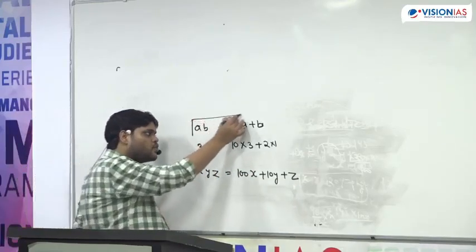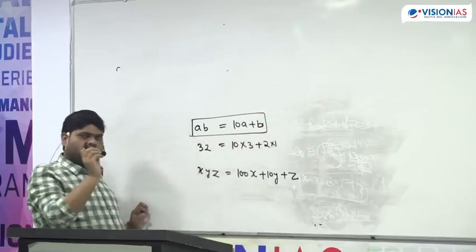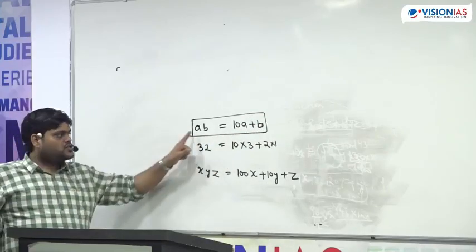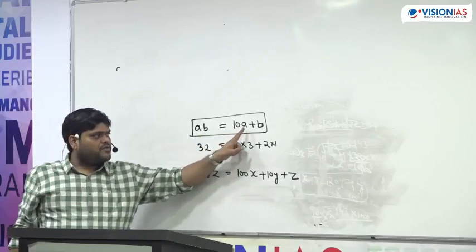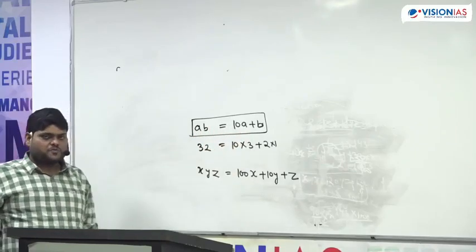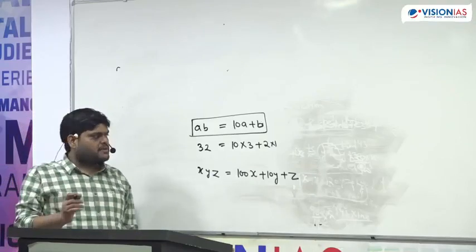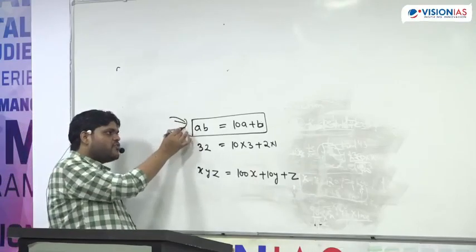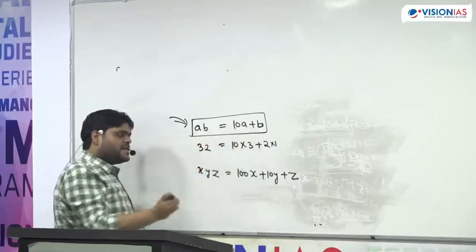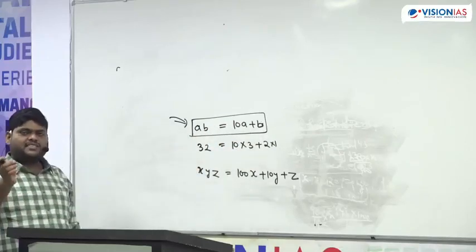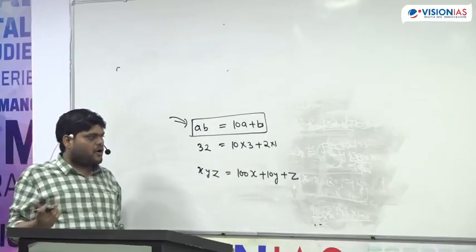We will do more questions on the number system. Whenever we are taking a two-digit number, always take it in the form of 10a plus b. Never take a two-digit number as ab. Your question will be wrong.